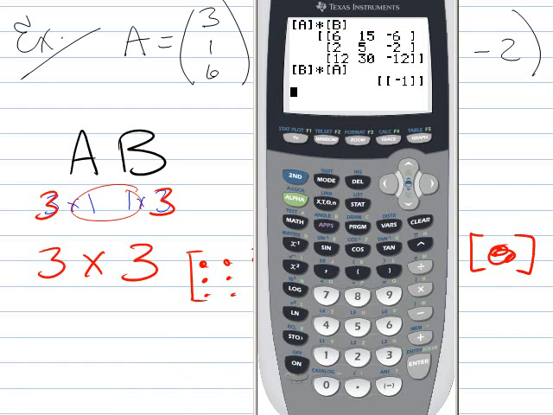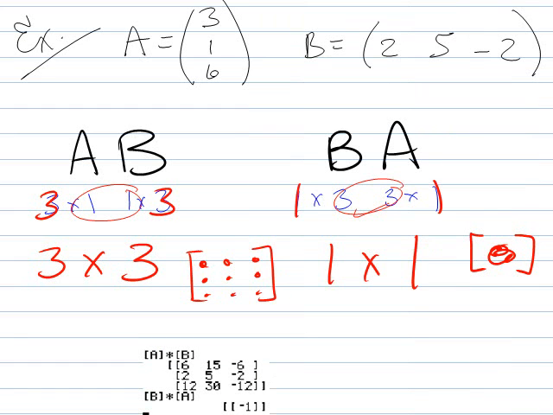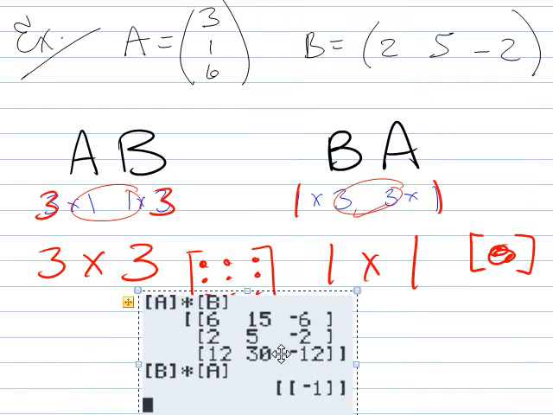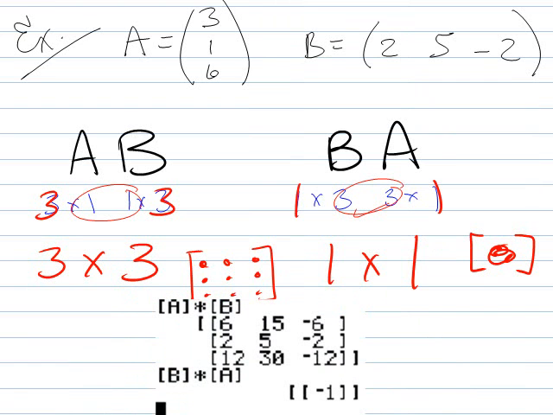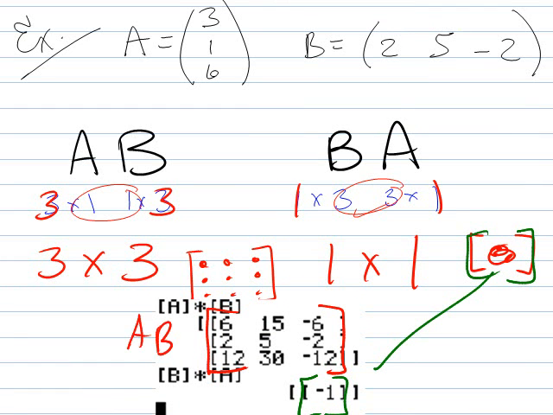So you can see here that I did get a 3 by 3 matrix, like this. And then here's my 1 by 1 matrix. So this is AB equal to that, and then BA is just equal to this little 1 by 1, which I think is just fantastic.